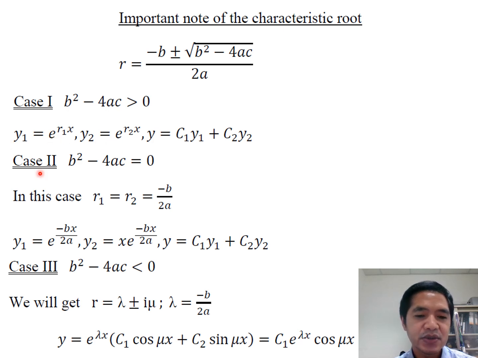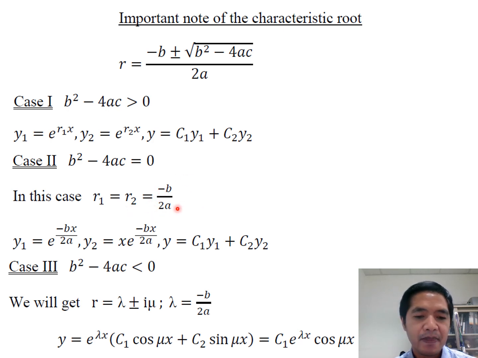In case 2, when b squared minus 4ac equal to 0, then r1 and r2 are equal, so r1 and r2 equal minus b over 2a.